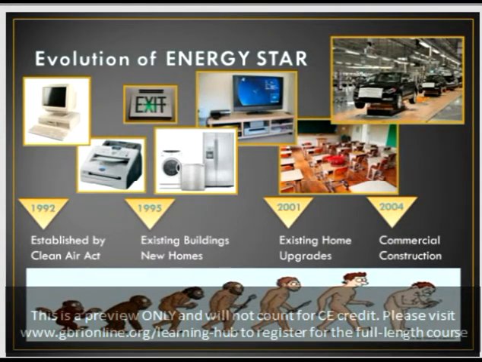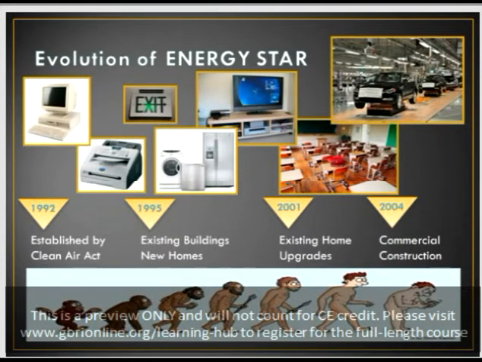And then in 2004 is when they started to address new commercial construction. So from 1995 on, it was always existing buildings that were getting certified, except for the new homes. But in 2004 is when they started to look at the design of commercial buildings and ensuring that they are designed to be energy efficient. And then sometime right about then as well, I think 2003, is when they developed the first industrial plant certifications.